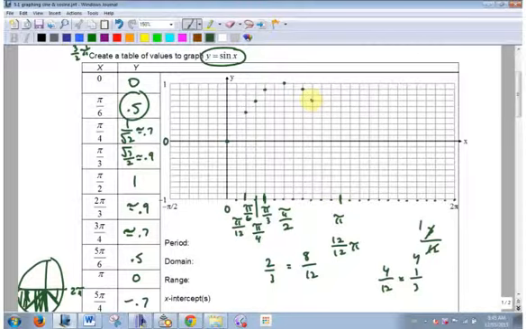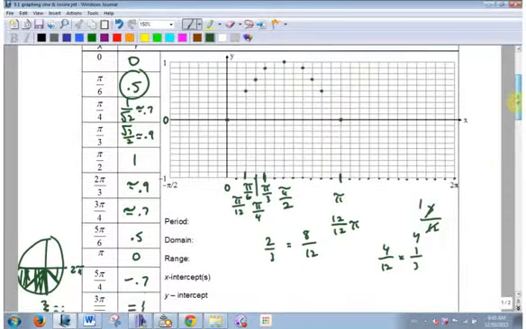There it is. 0.7. If I go down to and over 1, I bet you that's 5/6 pi is 0.5. And then pi, that's there, is 0. Does it look symmetrical? It should.